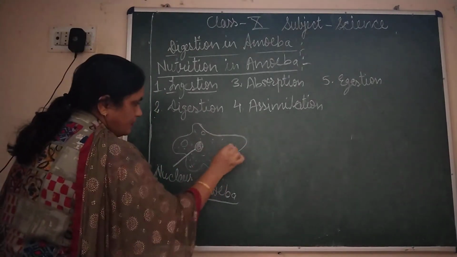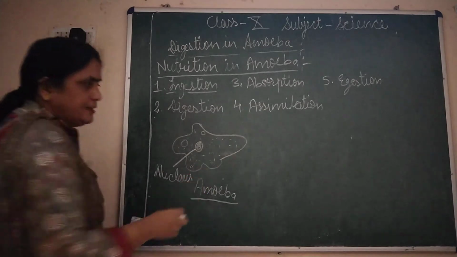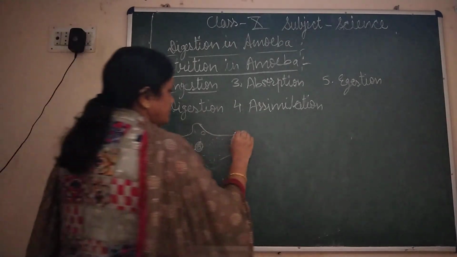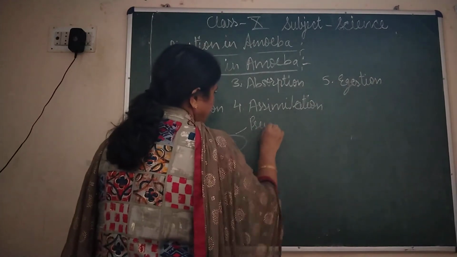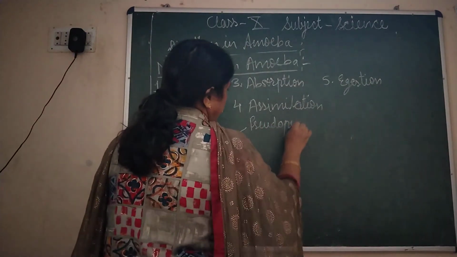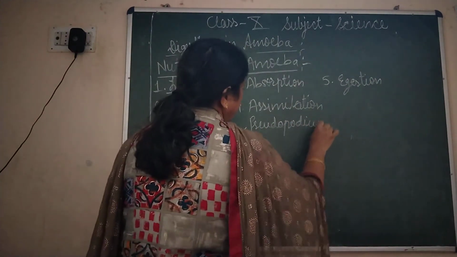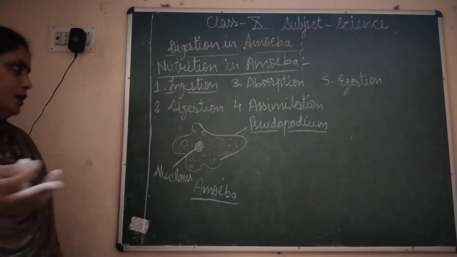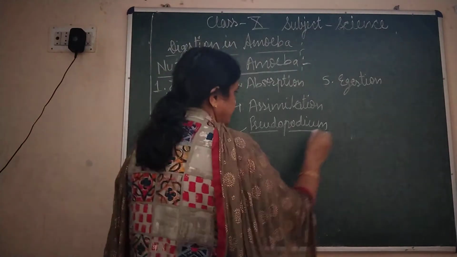On that side, it makes a big projection, and this is called a pseudopodium. And with the help of this pseudopodium, it starts moving in the direction it wants to move. Plural is pseudopodia.